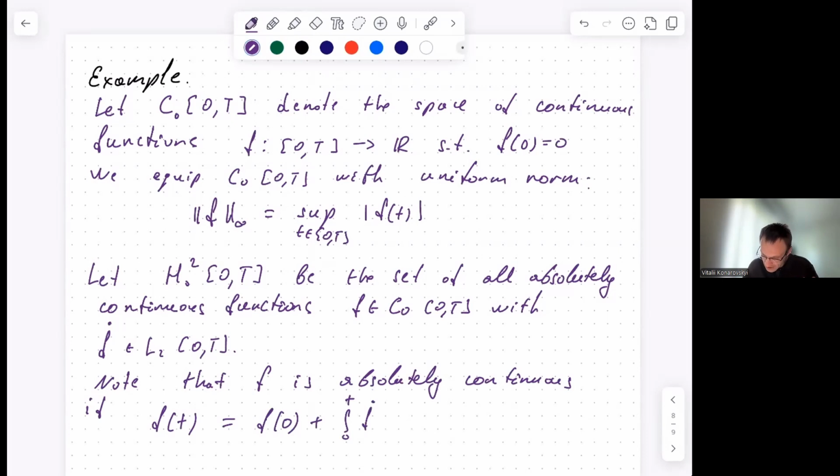And this function f dot is some integrable function.